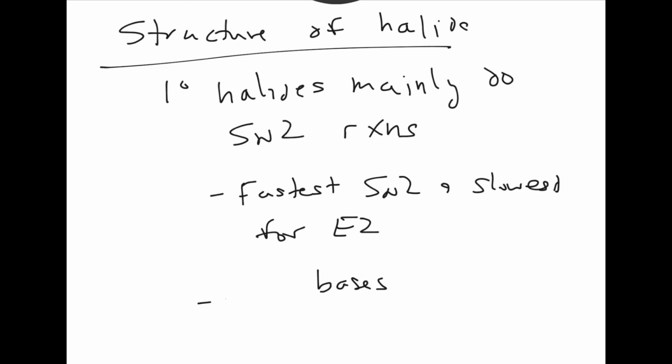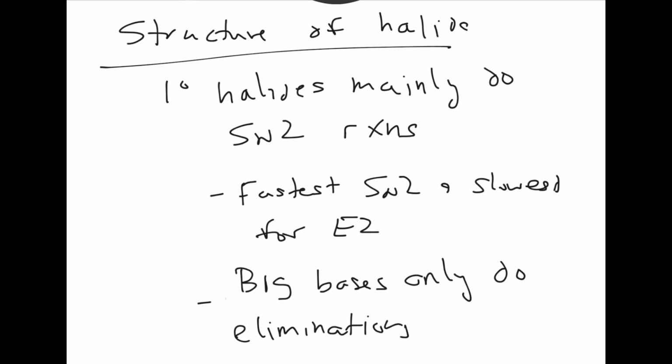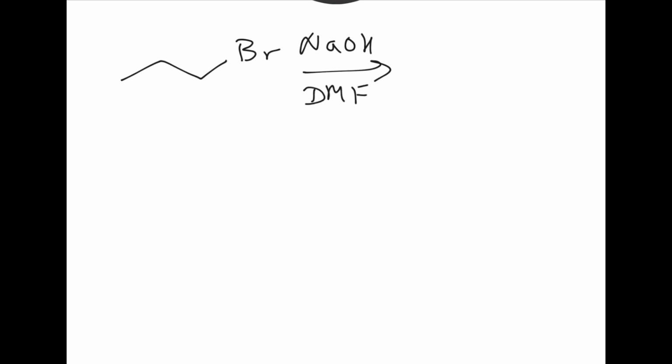Let's stick with our big bases. Our two big bases, potassium tert-butoxide and LDA, only do eliminations. So if I have a primary halide, sodium hydroxide, and DMF, you are fairly sure that you're going to just do a substitution reaction.